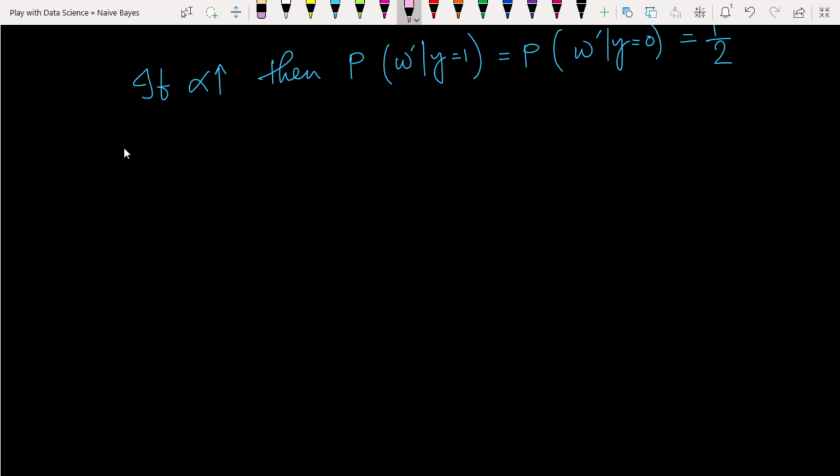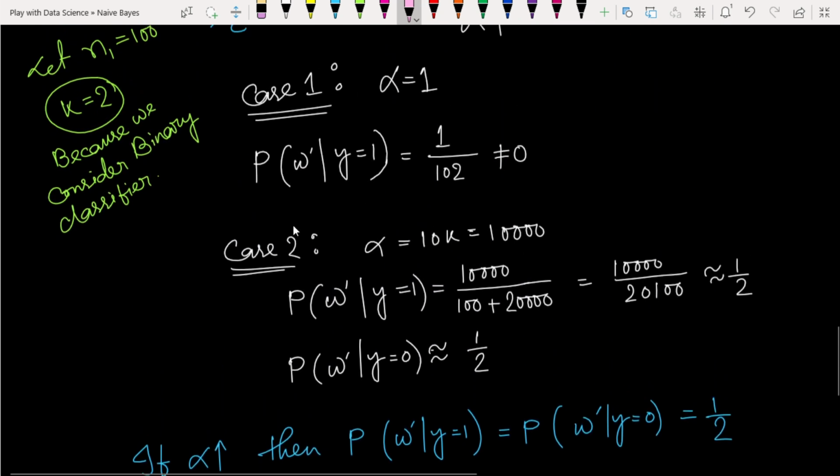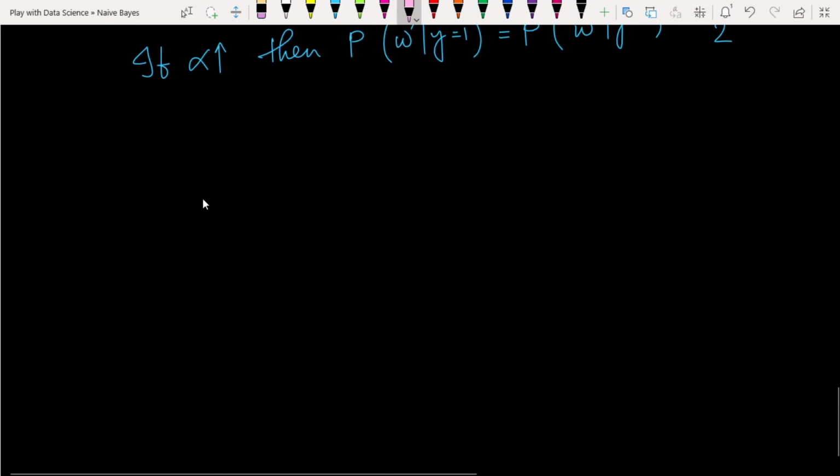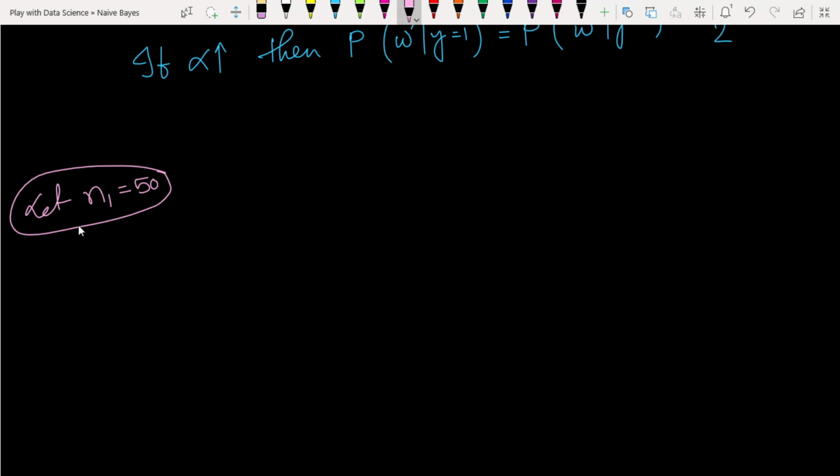Suppose we take n1 equal to 100. Now I am considering that the number of data points in the training set is small, so let's take n1 equal to 50. Consider a small data set in the training set.